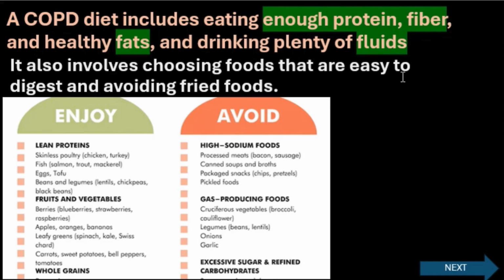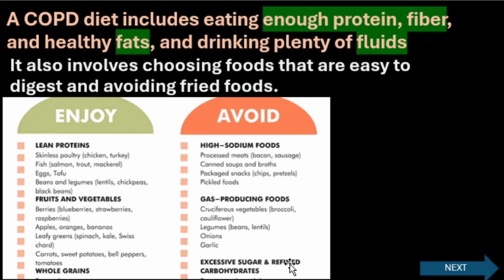Only for the fried food and some other kinds of unhealthy food, there is restriction. I will show you the table. You can eat proteins, fruit and vegetables, whole grains, good fat, fluid, etc., and avoid high sodium food, gas producing food, and excessive sugar and refined carbohydrate.